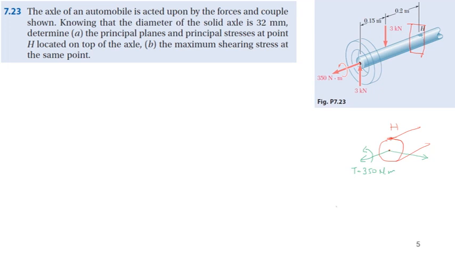Let me write the equation over here. Bending moment will be equal to 3 kilonewton multiplied by 0.35 minus 3 kilonewton multiplied by 0.2, and that bending moment will be equal to 450 newton meter.